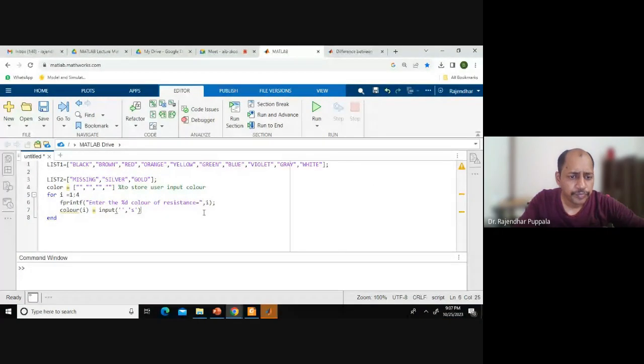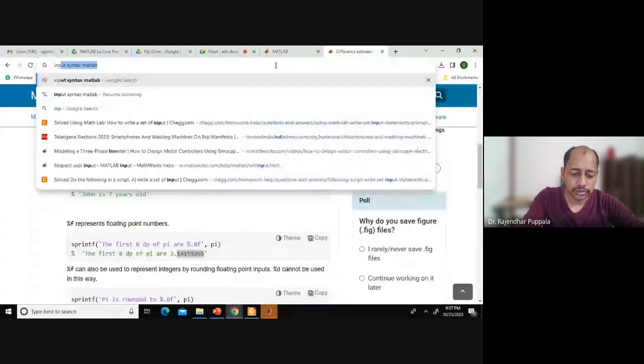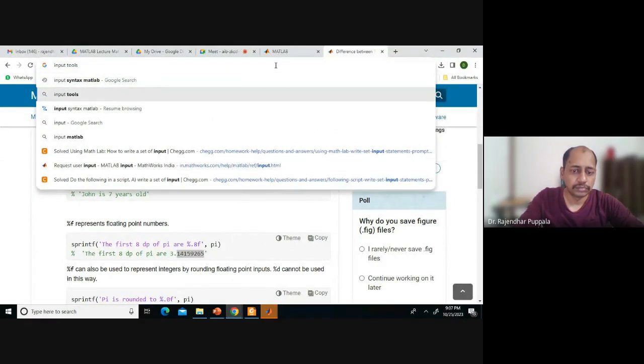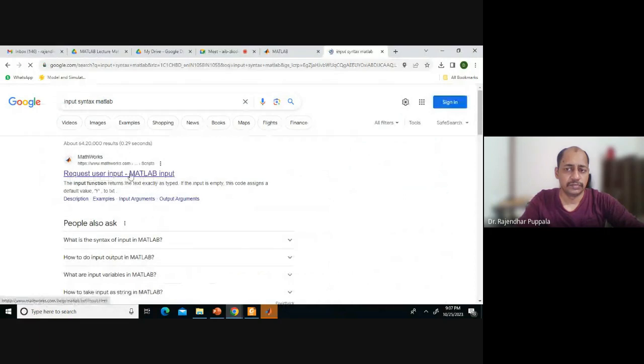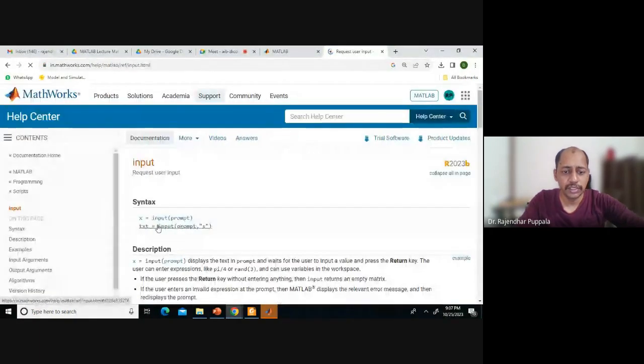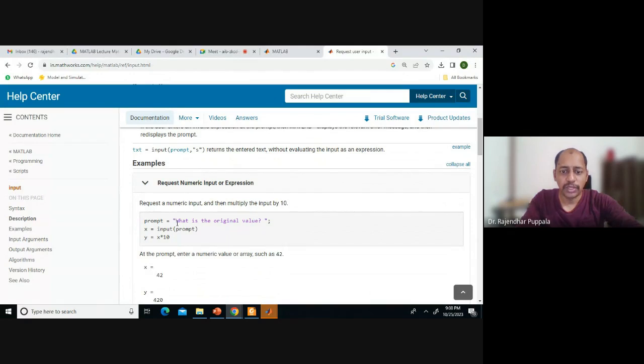Yes, sir. Now, what is the syntax of input? That we will see here. Input syntax in MATLAB. So this is the input syntax in MATLAB, sir. Input of prompt means whatever command you want to give, you can write here, and at the end we are writing s, right? Input prompt and s.